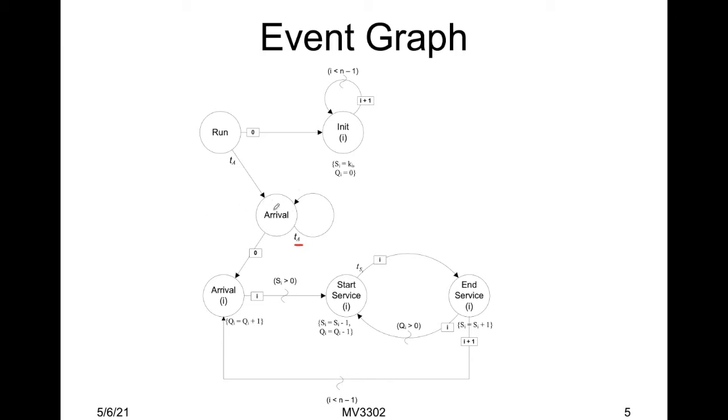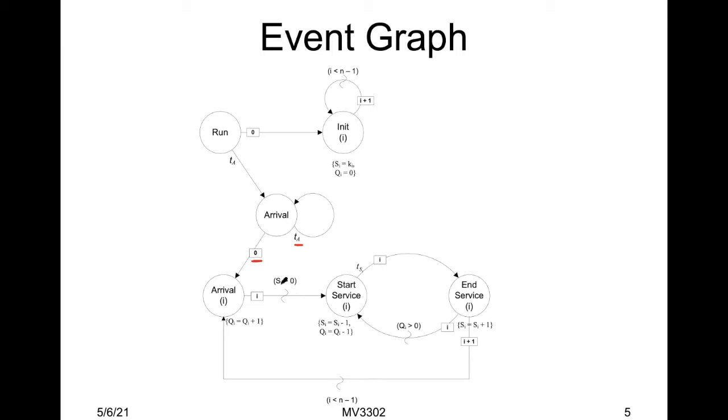Now the arrival is going to schedule an arrival with a 0 argument. So this arrival is the job arriving to the ith workstation. When this arrival occurs, because it has the argument I, the first one is going to be arrival 0, and that's going to increment Q0 to Q0 plus 1.